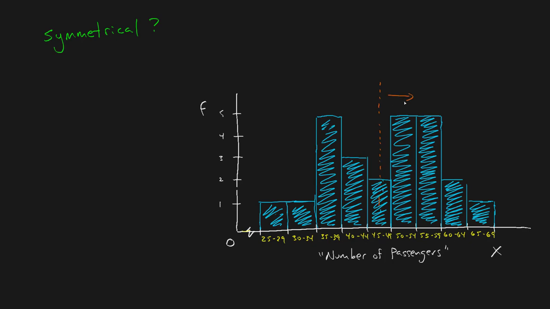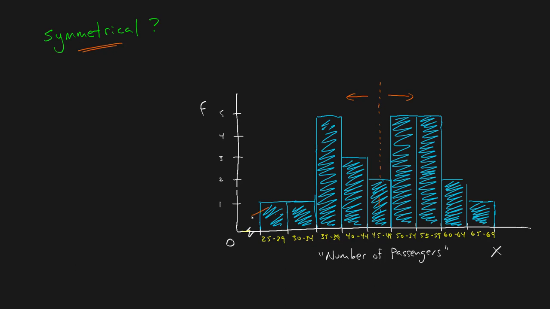And you can see it's not exactly the same to either side. However, when we're collecting data in the real world, we're never going to find a perfectly symmetrical distribution, or it's certainly not going to happen very much if it happens at all. So instead we're just looking for general forms. So is this for the most part symmetrical? I would say yes, it is.